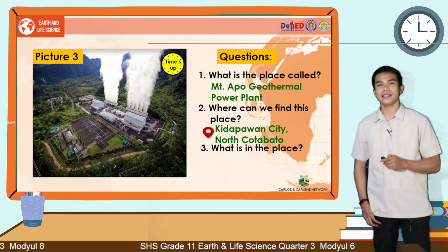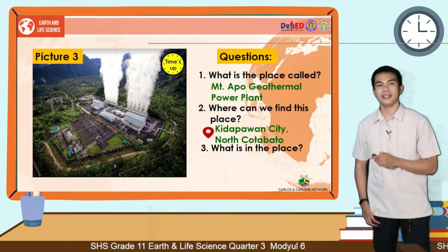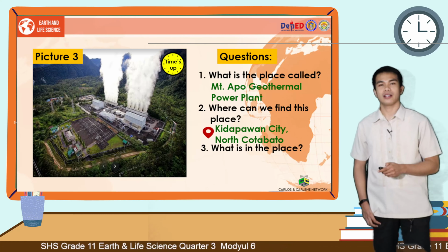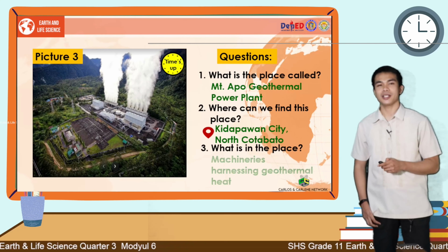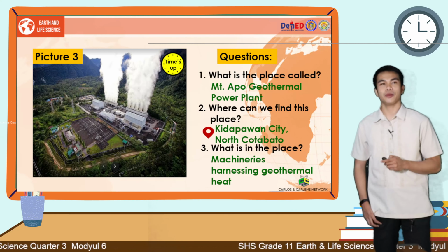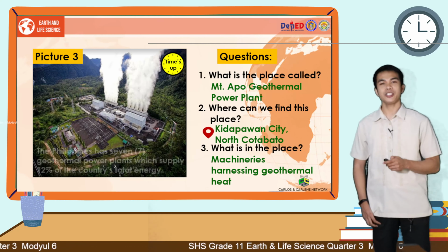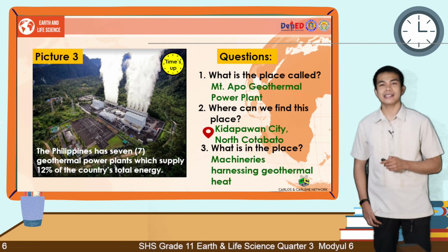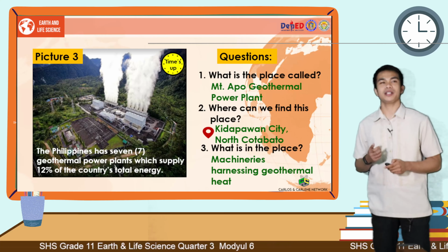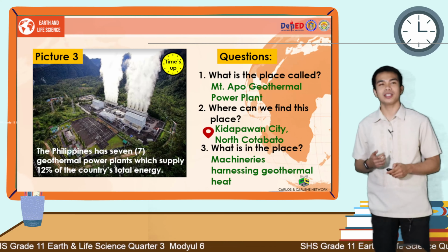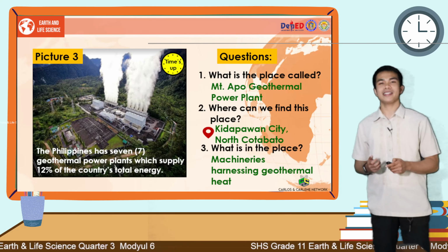Next, what is in the place? As you can see in the picture, there are machineries harnessing geothermal heat. But did you know that the Philippines has 7 geothermal power plants which supply 12% of the country's total energy? Wow, that's an amazing fact.